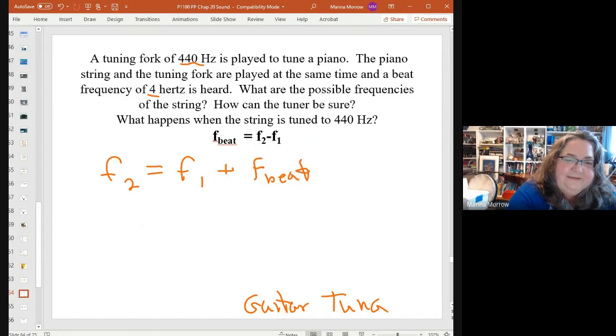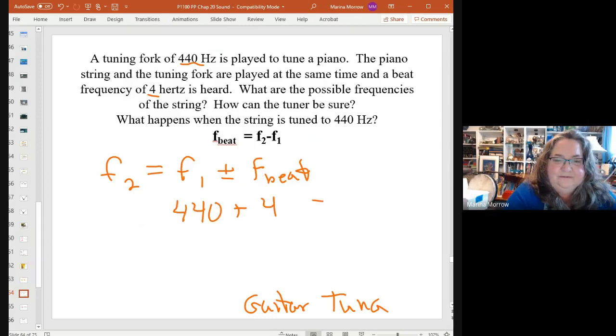So really, you have to say plus or minus the beat frequency. So the 440 could be plus 4. So it could be 444. Or it could be 440 minus 4.